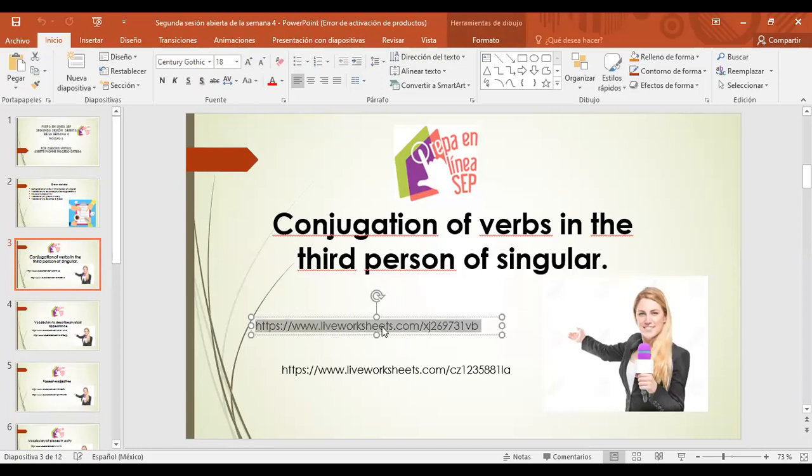I'm going to try the first link first. It works, guys. I'm going to paste it in the chat as well. So if you can follow me with this exercise, please feel free to do it.